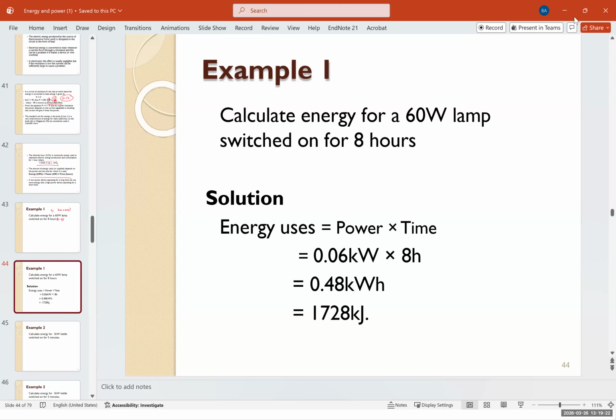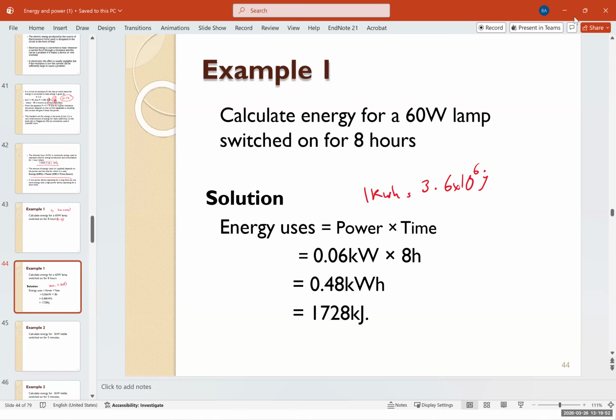Power was 0.06 kilowatts, and we had it on for 8 hours, so it's going to be 0.48 kilowatt hours. 1 kilowatt hour, again, is 3.6 times 10 to the power of 6 joules.